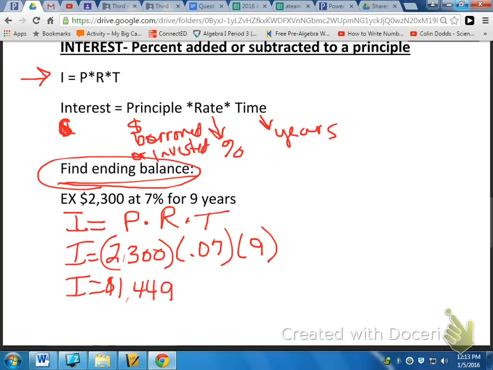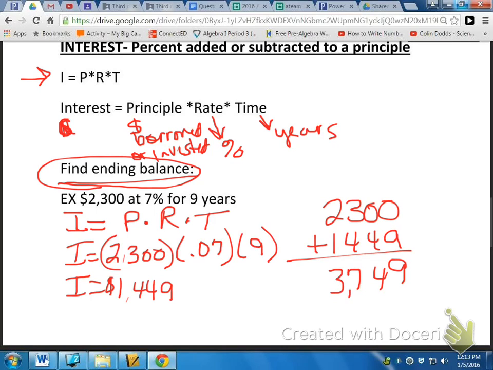You would pay back not only the $2,300, but add $1,449. So the ending balance would really be $3,749. So do principal times rate times time, find your interest. That amount is added on to the principal.